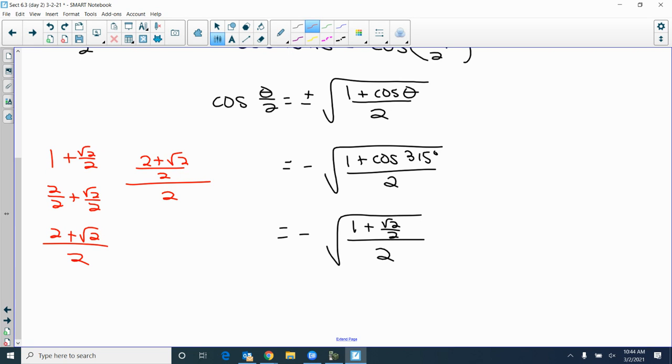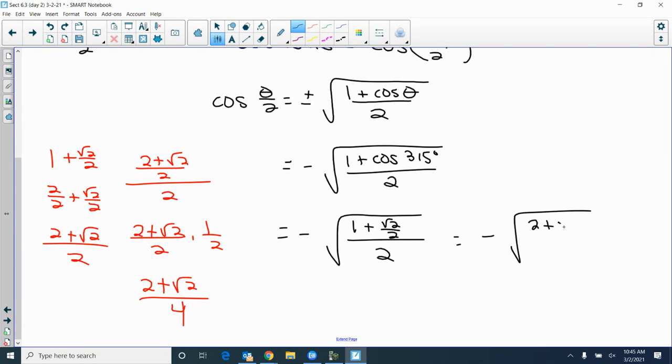Okay. That's the same thing as multiplying by 1/2, which actually is going to give us 2. Let me actually write it out. Times 1/2. So I get 2 plus square root of 2 over 4. All right, so after all that work, this is where we're at. We're at negative square root of 2 plus square root of 2 all over 4.